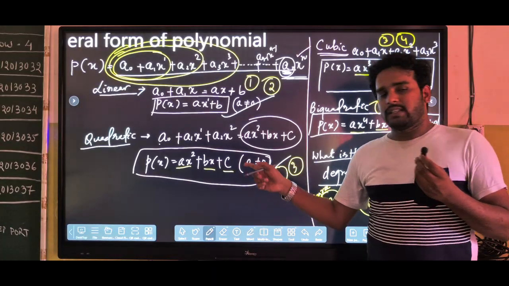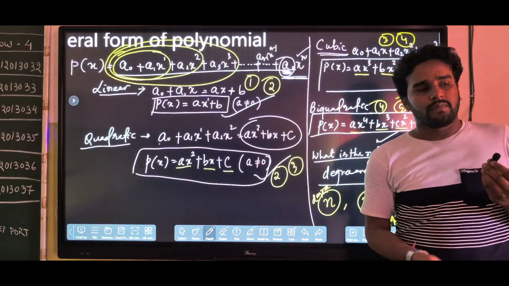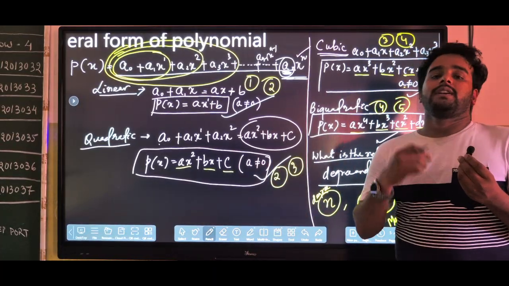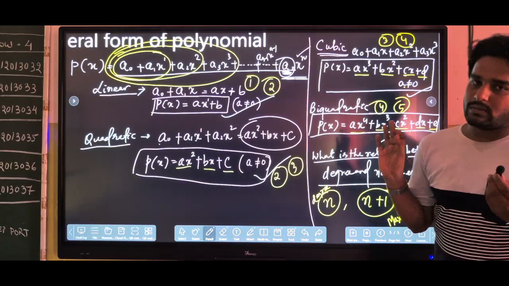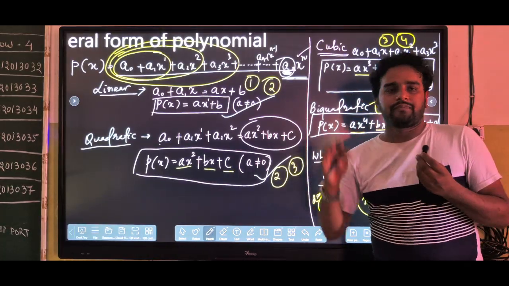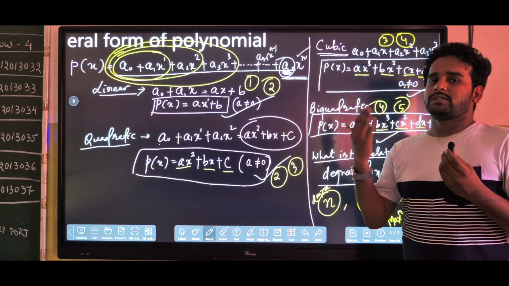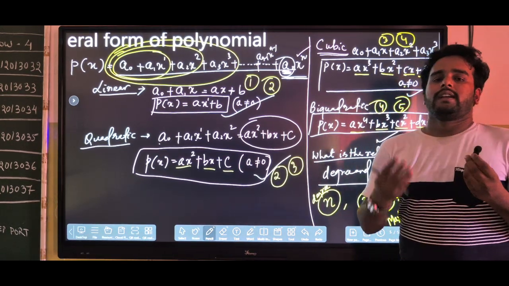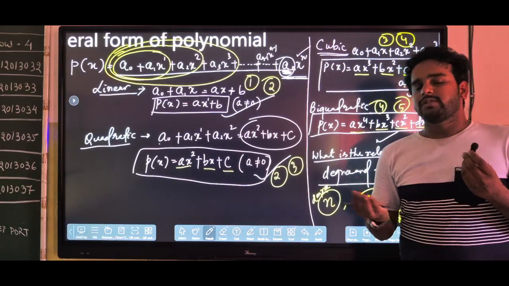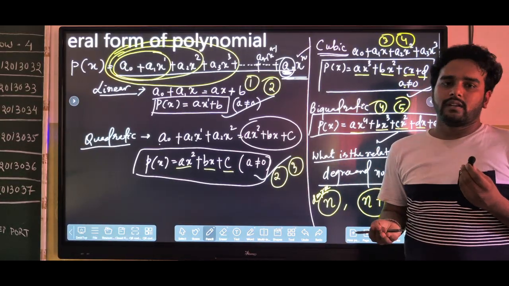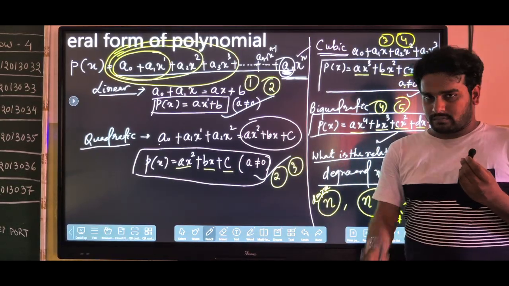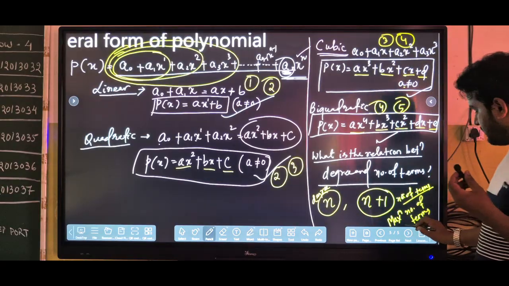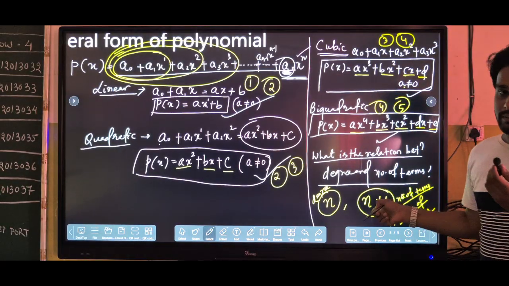Degree 2, that is quadratic, may have 1 term, 2 terms, or 3 maximum terms. Similarly cubic may have 1, 2, 3 or 4 terms. Likewise, a degree 4 polynomial can have 5 terms, 4 terms, 3 terms, 2 terms, 1 term. Okay, so I have written maximum number of terms is n plus 1.